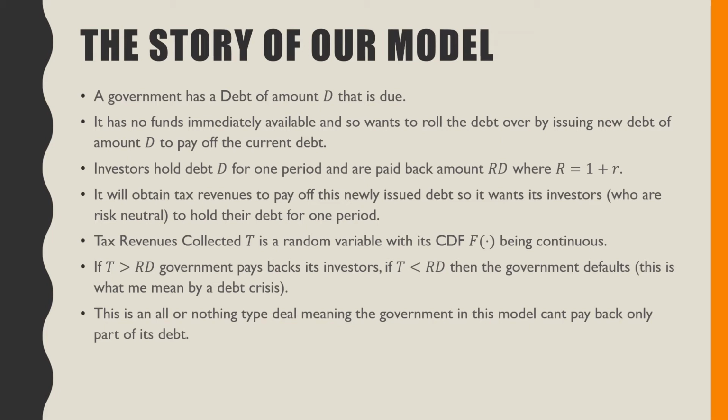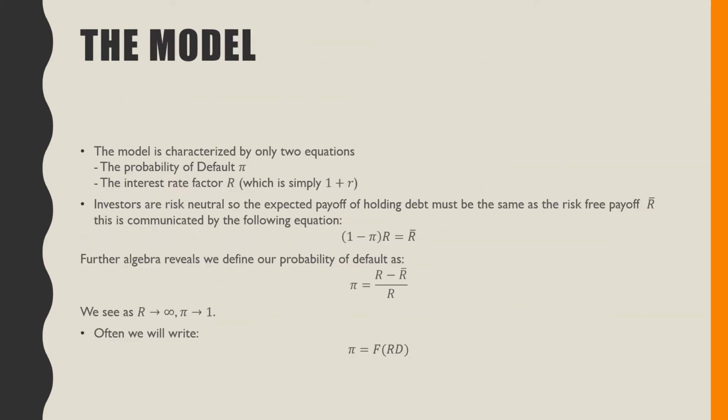If T, however, is less than this capital RD, then the government defaults. This is what we mean by a debt crisis, meaning that they can't pay back their debts. This is an all or nothing type deal in this model, just to make things tractable. So they can't pay back only part of their debt or pay back a part of their base of investors. It's either all or nothing.